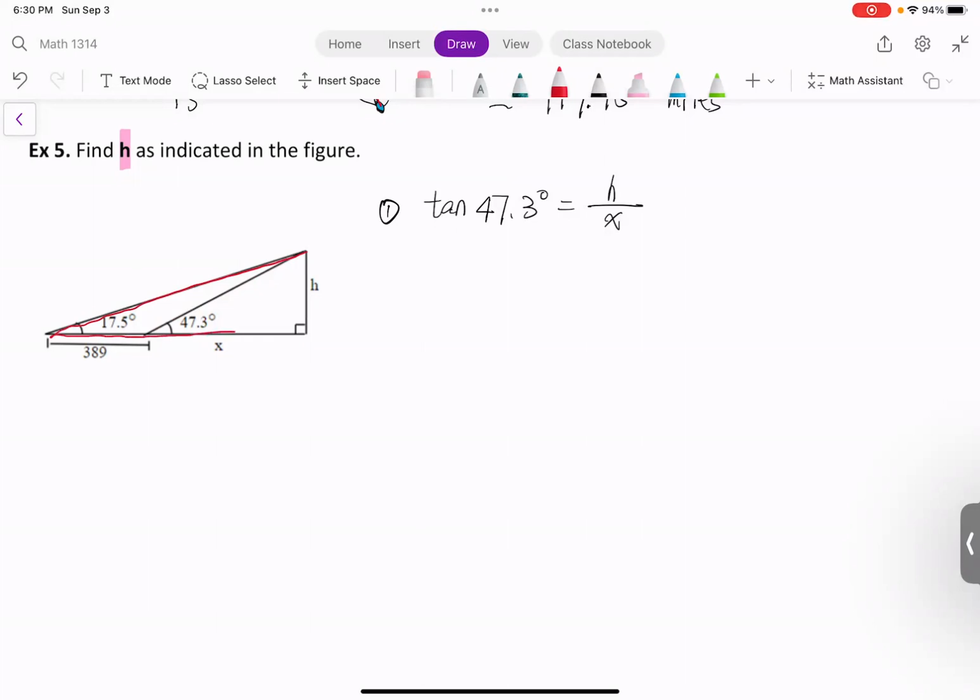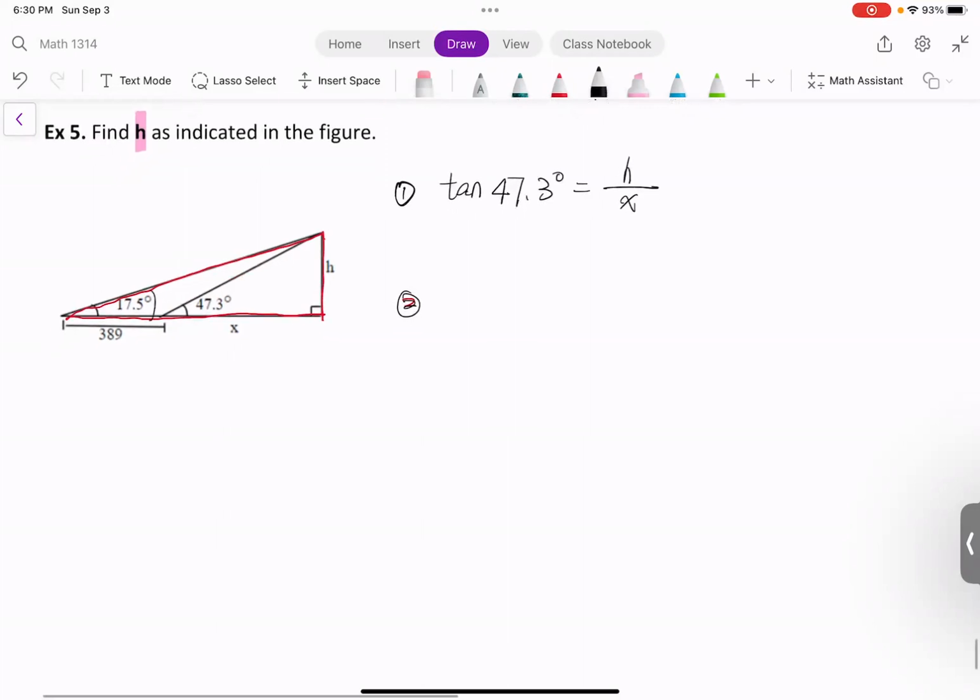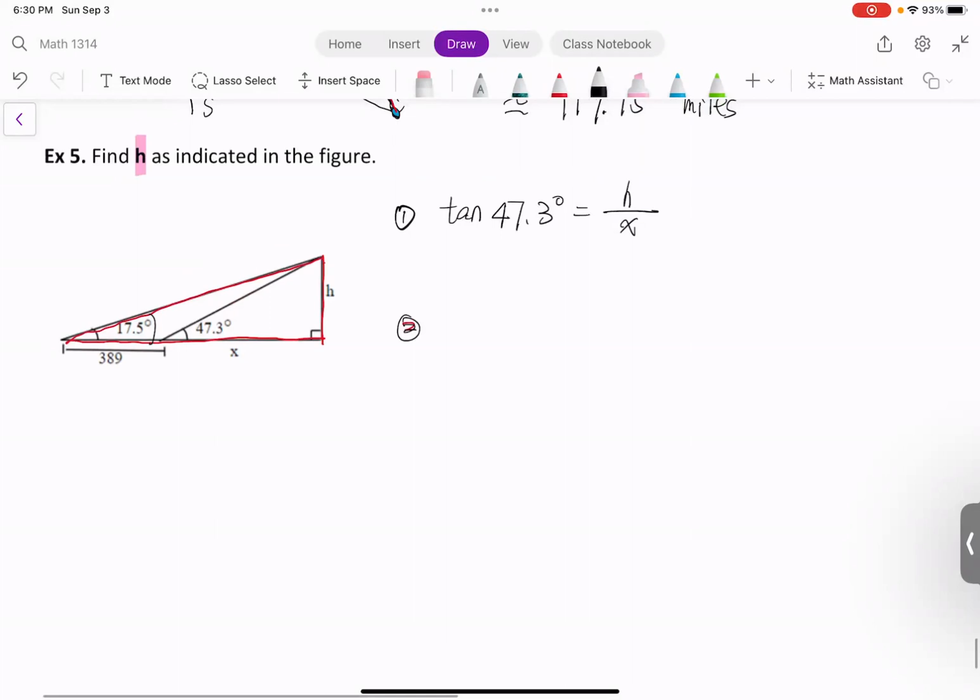Can I list another equation or another piece of information? So the second equation: we know this angle, and the opposite and something about the adjacent. Another tangent equation, tangent 17.5 degrees equals opposite over adjacent.